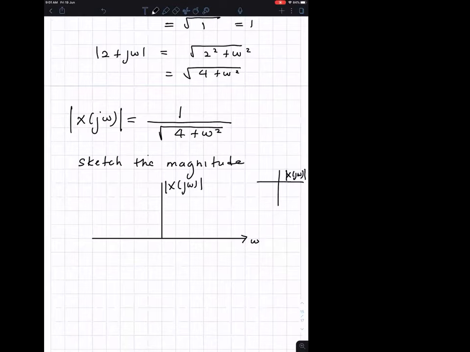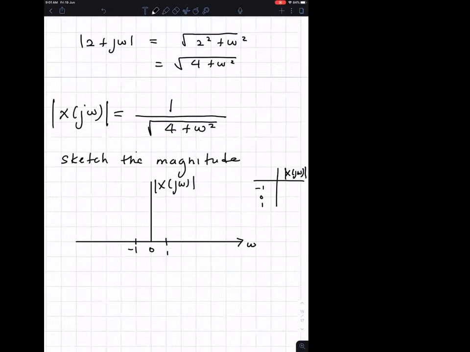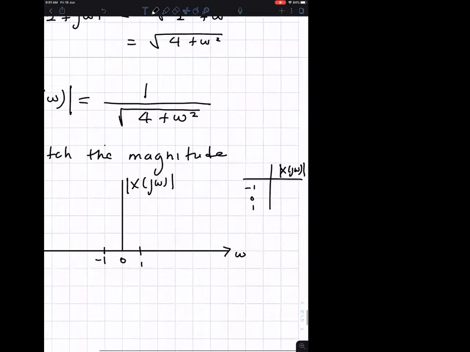You just choose a few points. You put a middle point here, and then maybe put a minus 1 or minus 2, and 1. Three points is sufficient to sketch this. When you plug in minus 1 in that equation, omega squared is 1. 4 plus 1 is 5.